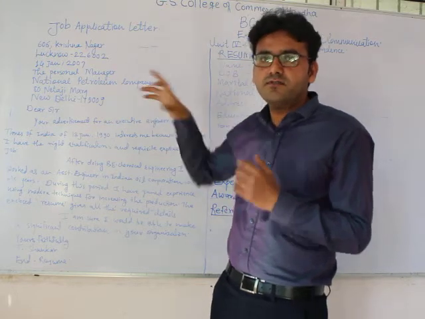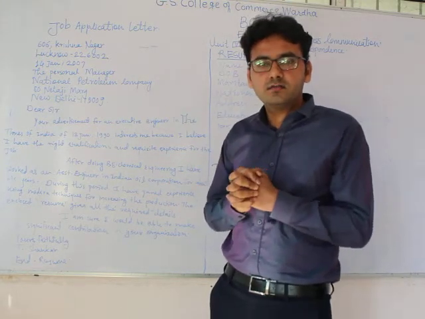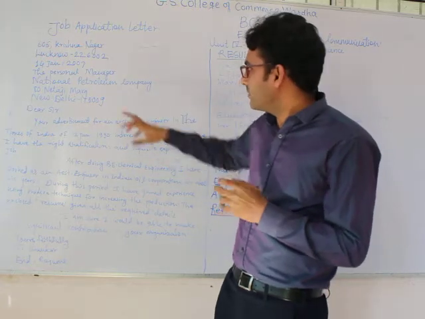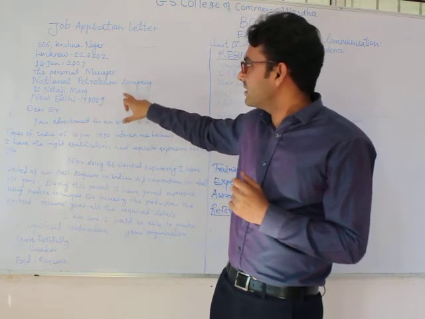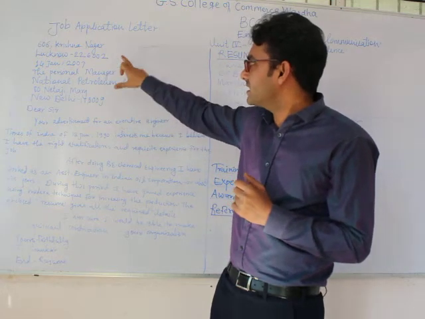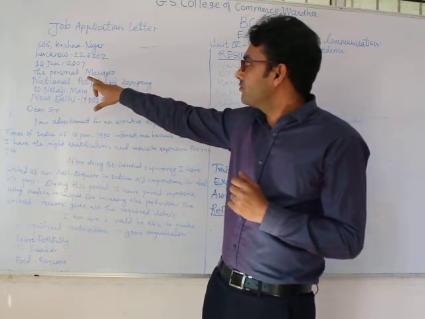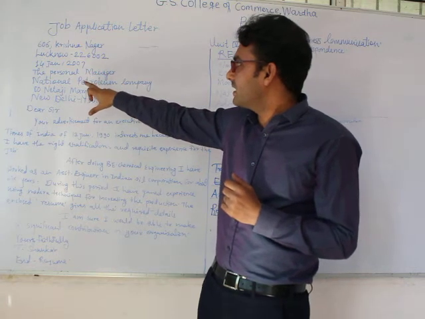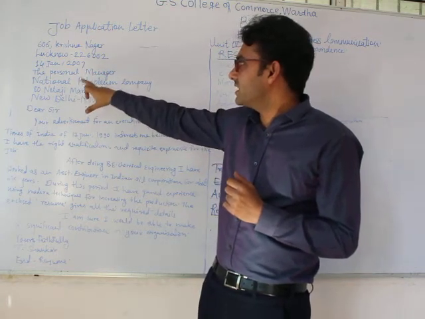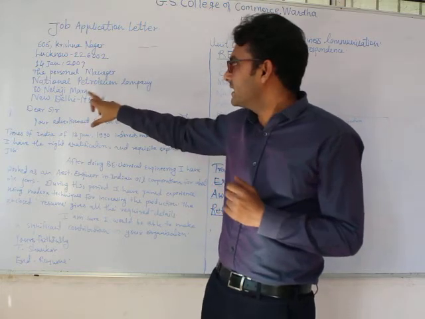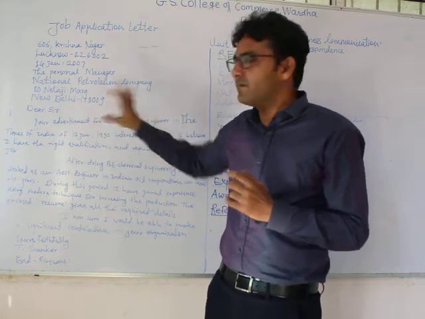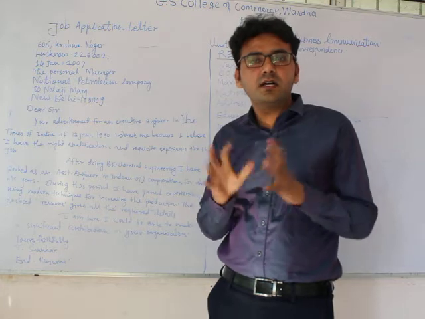So the starting point should be the name of the organization. You can mention it like this. Here we have written an imaginary name, that is Krishna Nagar, Lucknow. Then 14 January 2070, and we are communicating with the Personnel Manager, the National Petroleum Company, Netaji Marg, New Delhi. Then comes the body.